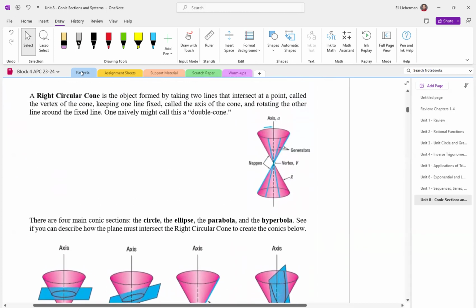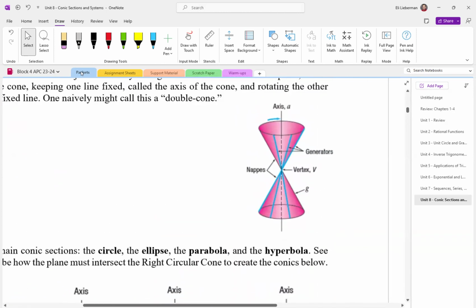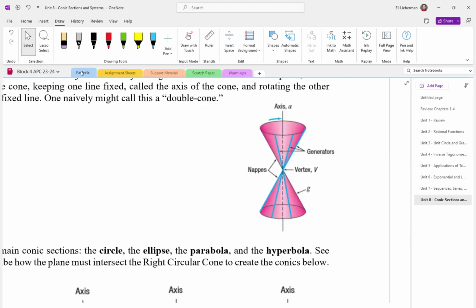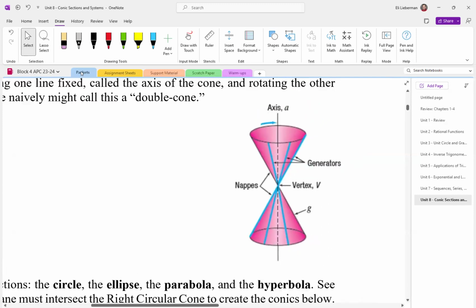So this cone, just some other things, like the sides are called generators. And does it make sense that these generators dictate the size of the cone? Like it could be wider, it could be narrower. That point in the middle is called a vertex.